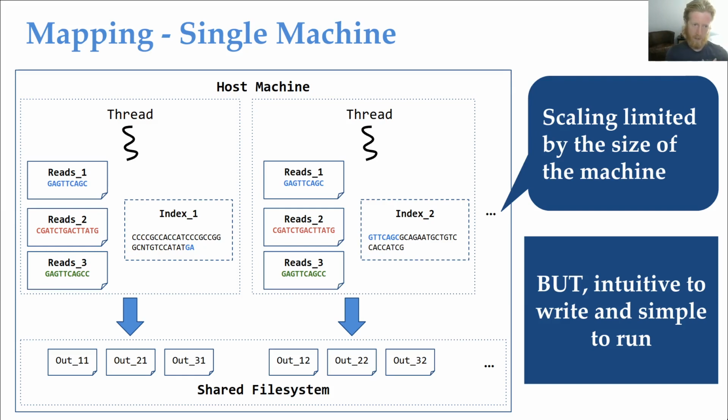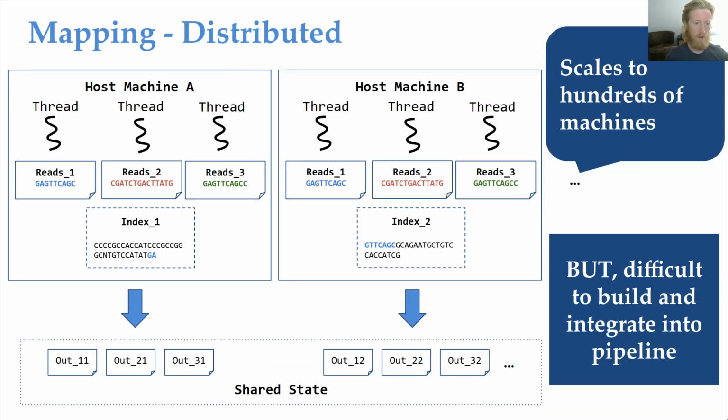Obviously, by definition, the scaling of a single machine approach is limited to the size of the machine itself. However, single machine multi-threaded code is simple to write and easy to understand. If we want to distribute this problem, we can do a similar thing, but have a thread on each of the machines handling one chunk of read data and one chunk of index data.